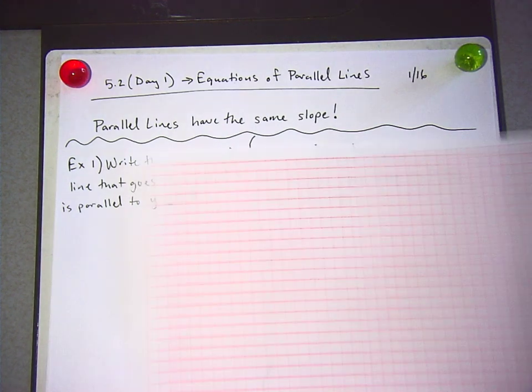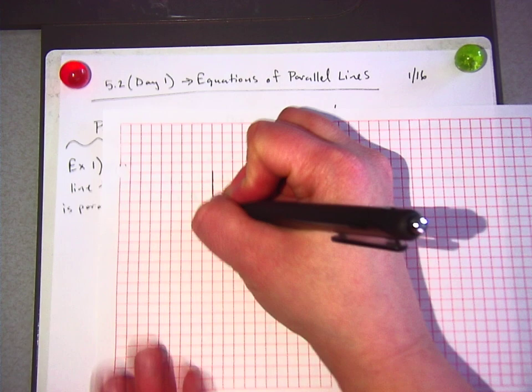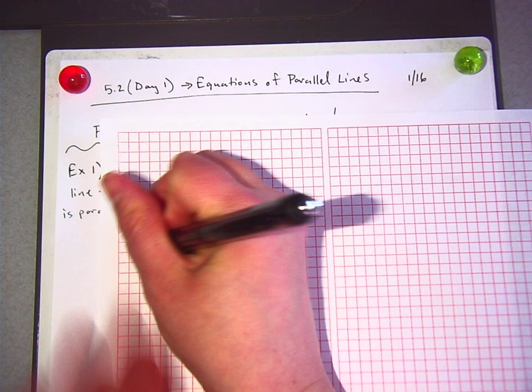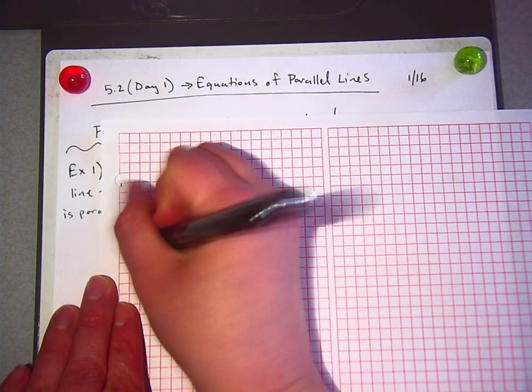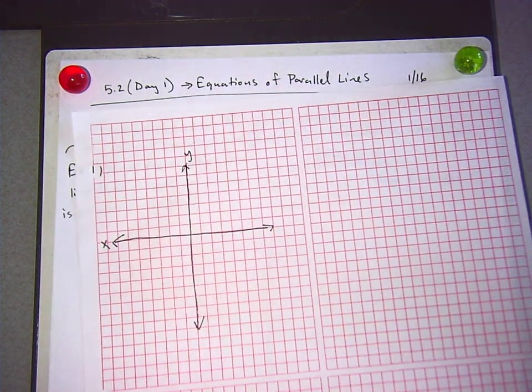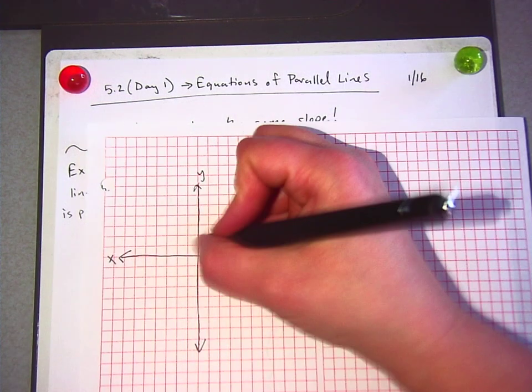So you don't have to draw this, you can just watch. All right, Macy, give me a slope, an easy one. Yeah, just a number. Like 1/2, okay.